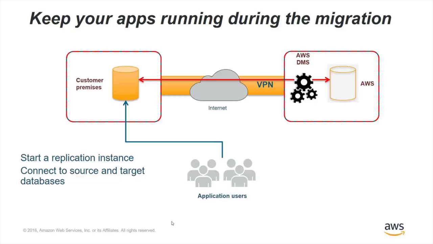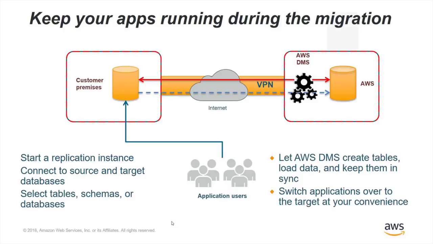Next, you will select the table schemas or the databases that you want to migrate, and DMS will load the data and keep it in sync on an ongoing basis. So DMS will start loading the data, and at the same time it will start the sync process with regards to the changes that are happening on the source.